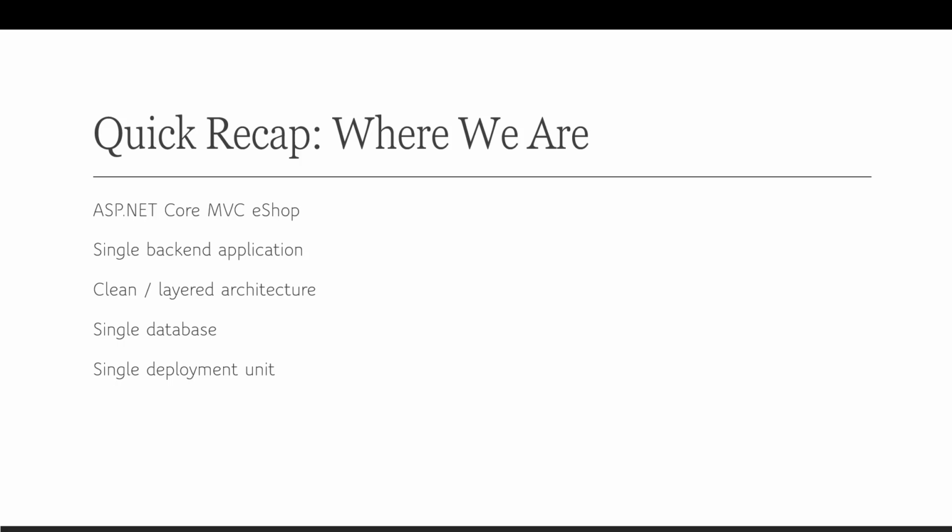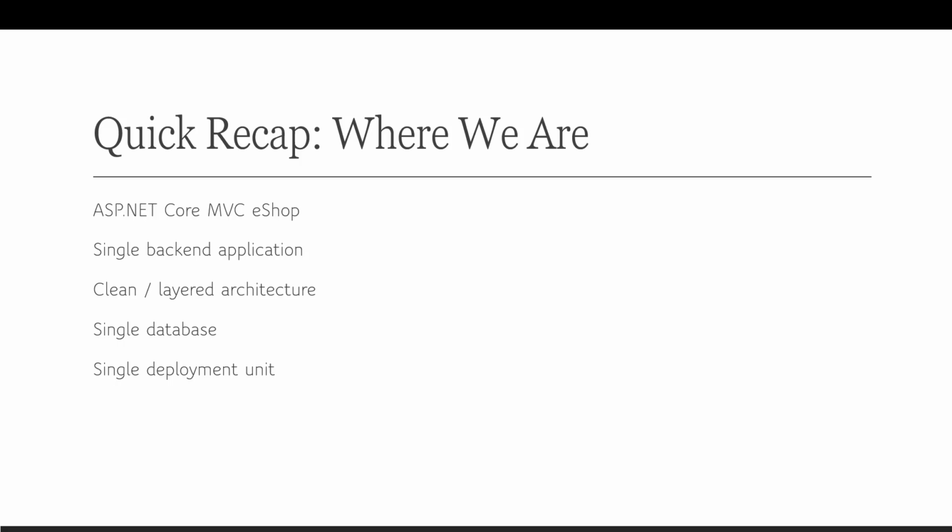Basically, we have our ASP.NET Core MVC application with a single backend application, and it's a clean, layered architecture. We have tried to segregate each and every layer. The UI layer is separate and the DB layer is separate.